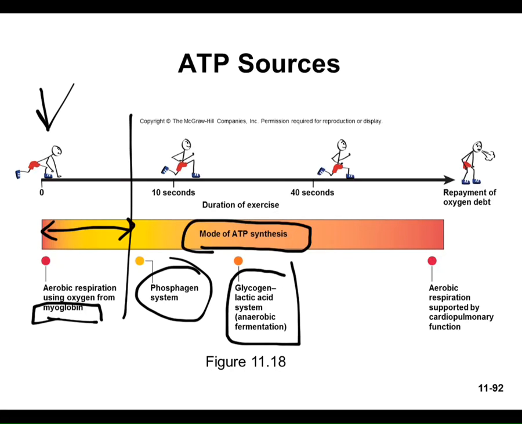Even in those 20, 30 seconds, your muscles at the local area have run out of oxygen. And they're still having to make ATP. So they're now in a state of anaerobic respiration. They're going to start making that lactic acid. They're going to be less efficient in making ATP. And that will go and go and go until the person stops.